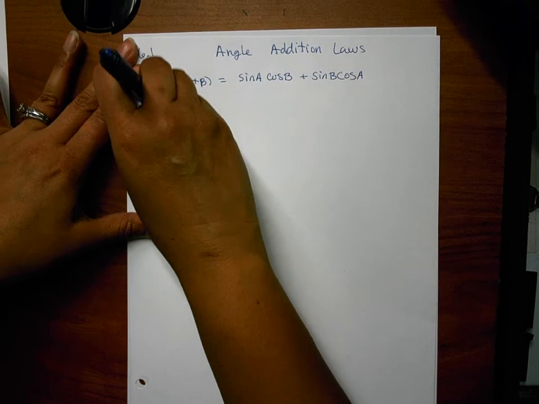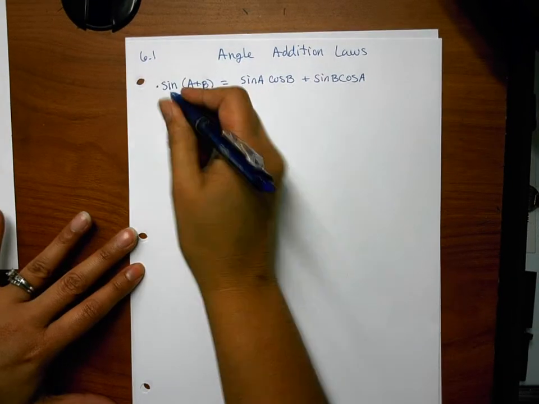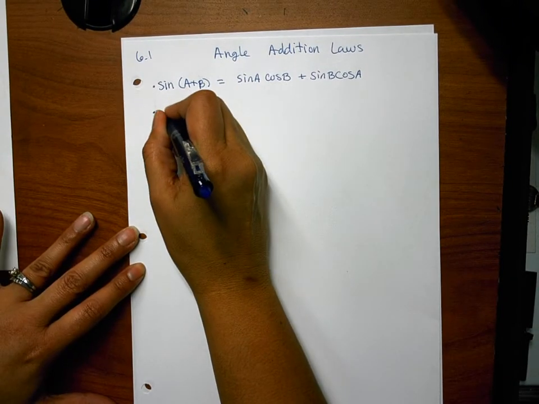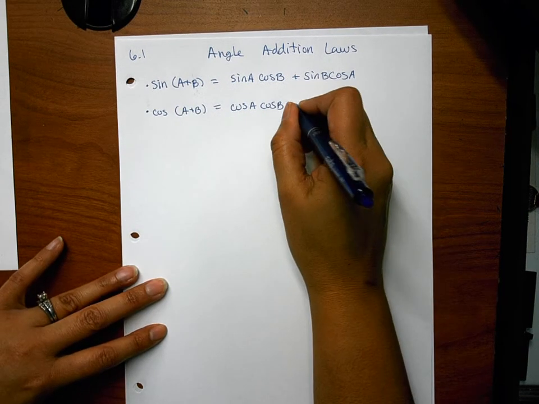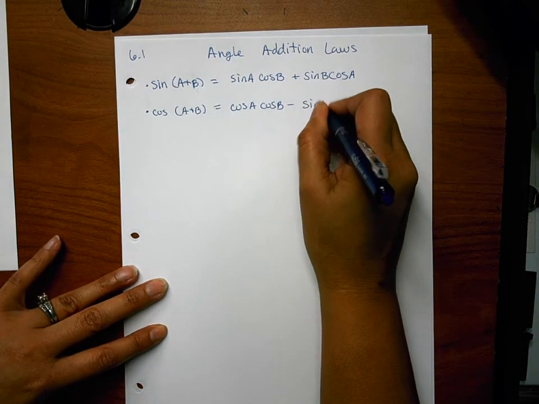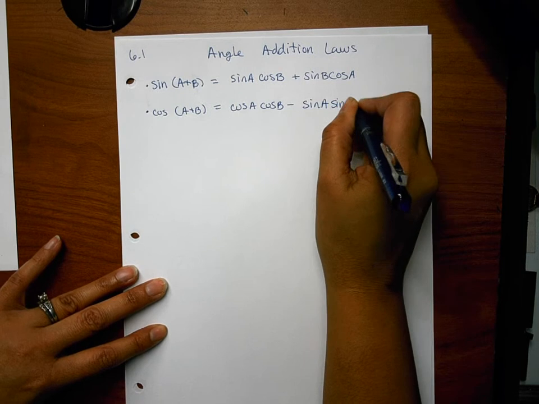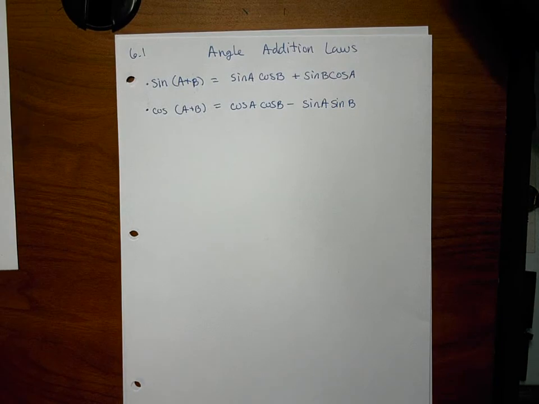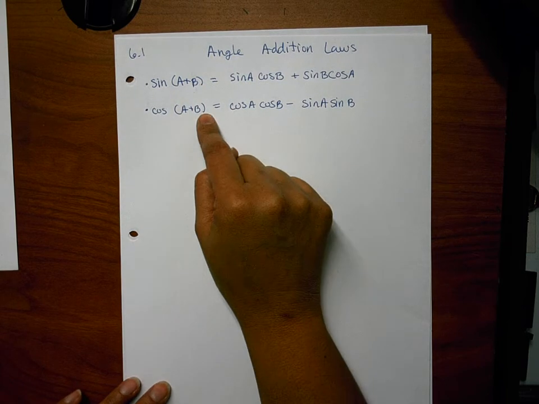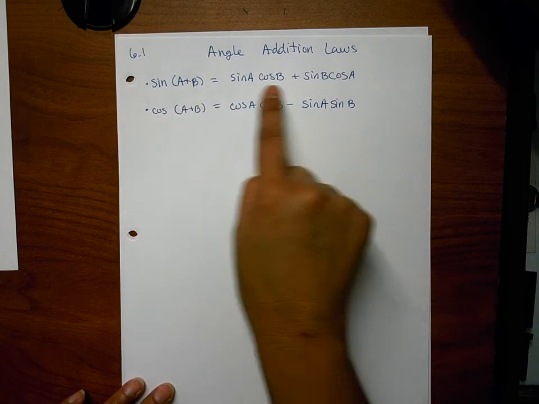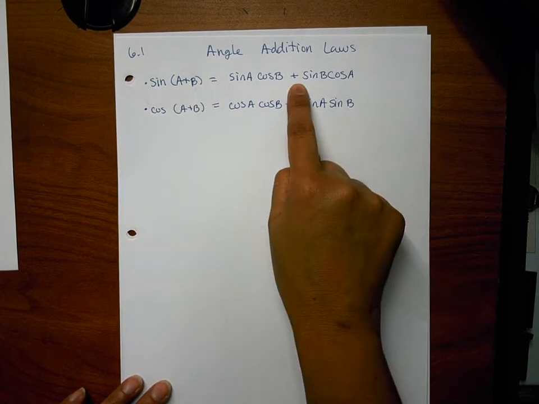Next one is cosine of A plus B equals cosine of A cosine of B minus sine of A sine of B. Now, a few things you'll need to know. First off, these are called angle addition laws when we're adding two angles together.